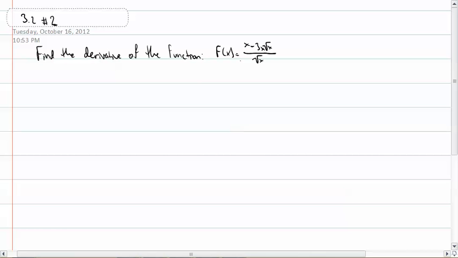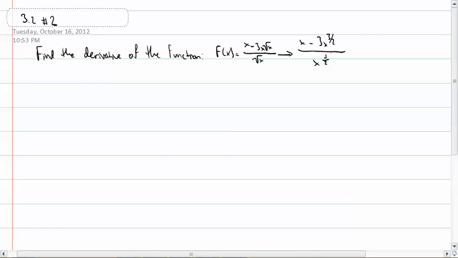But before you do the quotient rule, we have been taught by the great Miss Roshan herself to simplify this to make it a little bit easier on ourselves, by turning that into x minus 3x to the 3 halves over x to the 1 half.